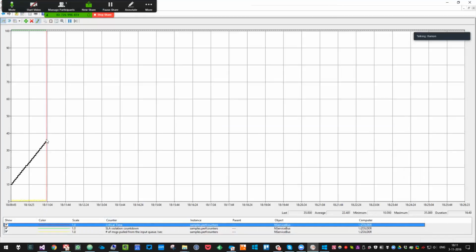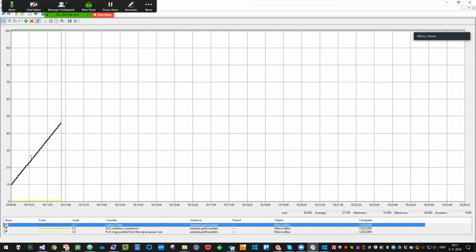Based on the last 10 messages, we are going to make an estimation. We're going to calculate how many messages the endpoint was able to process, what the average duration is to process a message, and based on the metadata of the first and the last message of those samples, we can see what the number of messages sent to the queue is.